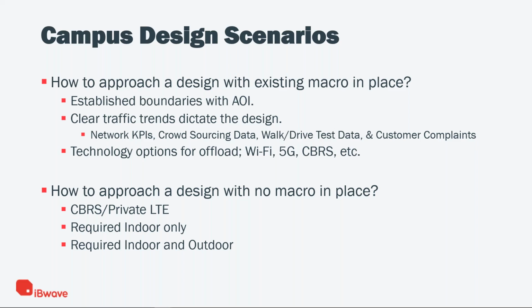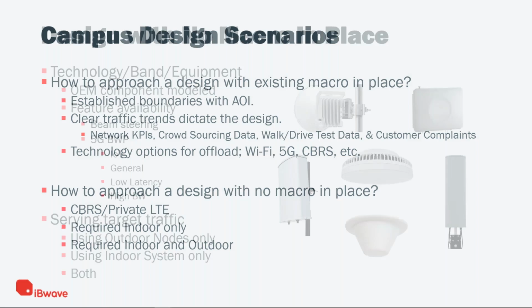So considerations for taking into account the in-building system in conjunction with an outdoor ODAS for that CBRS network and private LTE network will definitely need to be part of your consideration and your checklist as you move through your campus design.